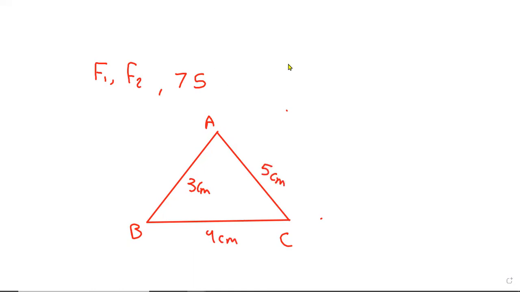And here we have F1, the first force. And we have F2 in BC, here in this direction.